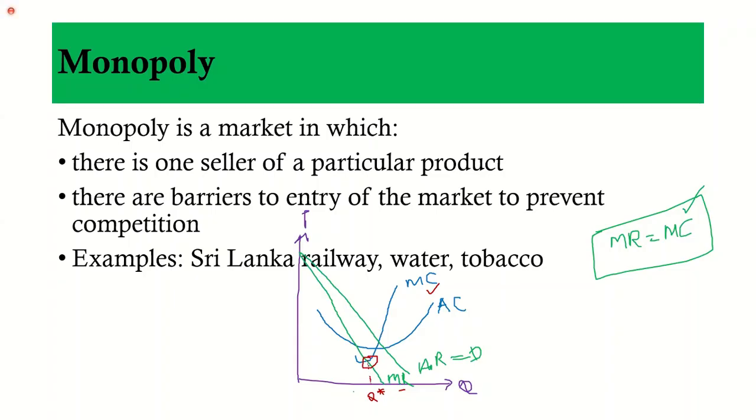Price will be given by the demand curve. So if you draw a dotted line all the way up to the demand curve, this will be the price at which this will be sold. Now once you identify the quantity and the price, you can find the profit of the firm. So now let's do that.